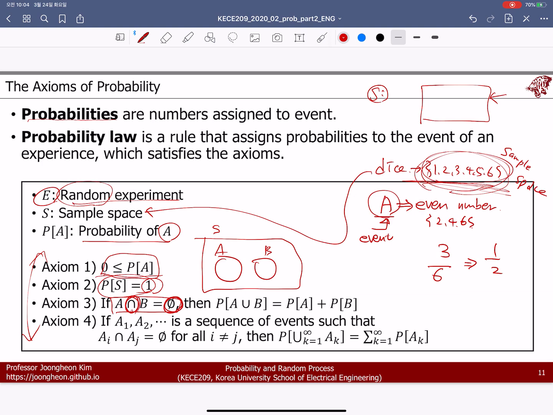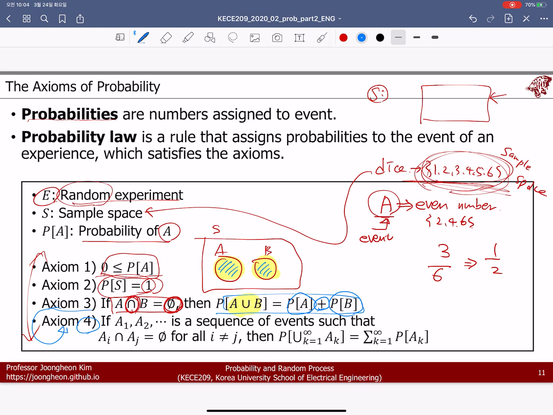Then if you want the probability of the union of A and B, it is the same as the probability of A plus the probability of B. By adding these two probabilities, we can see that they are equal to each other.